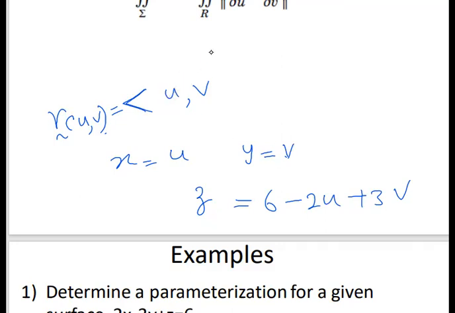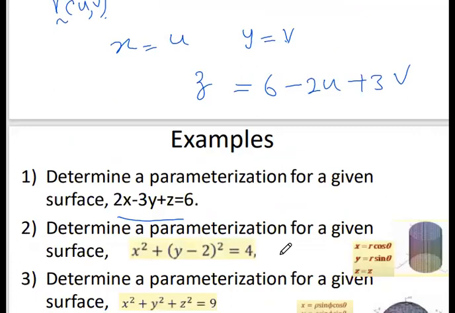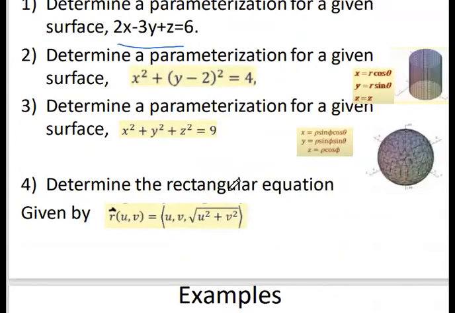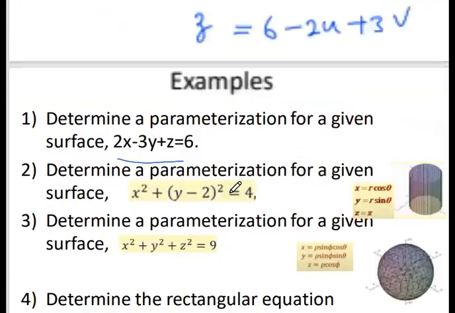This is the y component, and z is this: 6 minus 2u plus 3v. Let's parameterize the next surface. This is the equation of a cylinder centered at 0, 2, with radius 2. So how do you parameterize this? x.